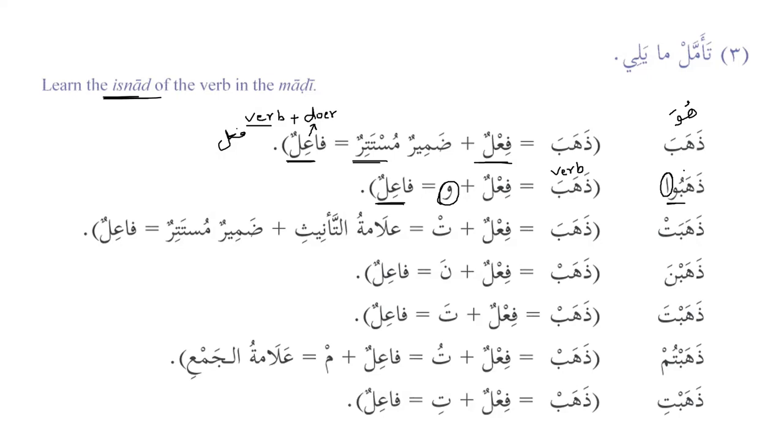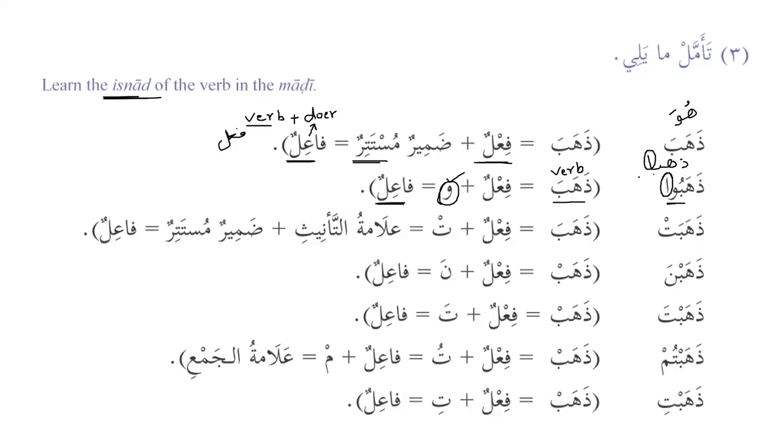Whereas we know that the dual is dhahaba, and for the dual, the doer is inside it, and we will say alif is the alif of the doer. So dhahaba is the fi'l, and the fa'il will be the alif. As in dhahabu, the fa'il is wow, right? And in dhahaba, the fa'il is alif.